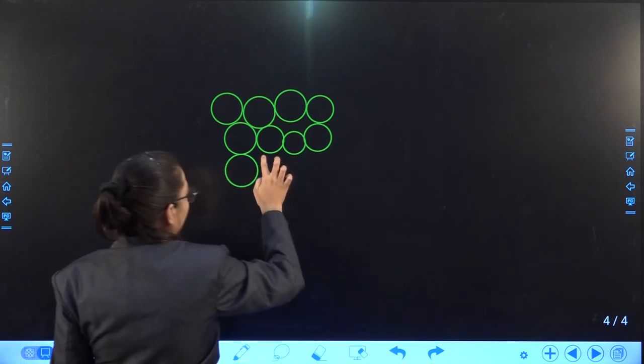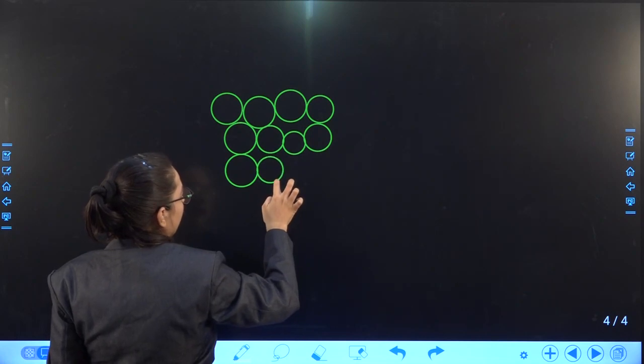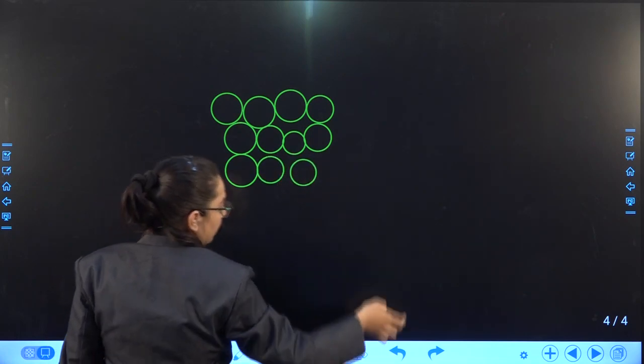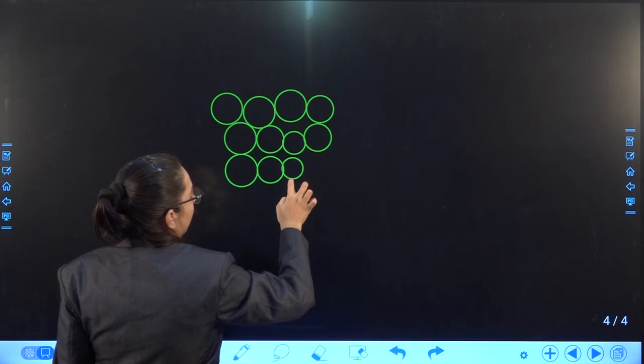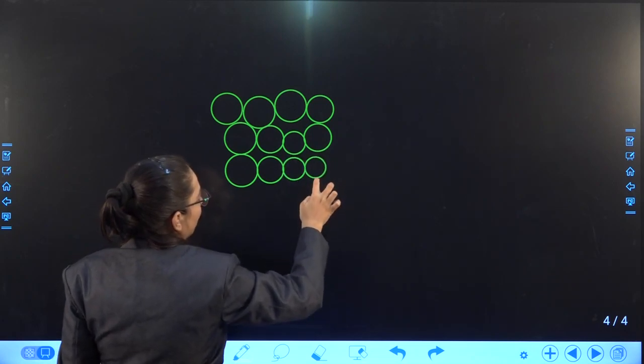The gold foil was very thin, of about just 0.004 mm.